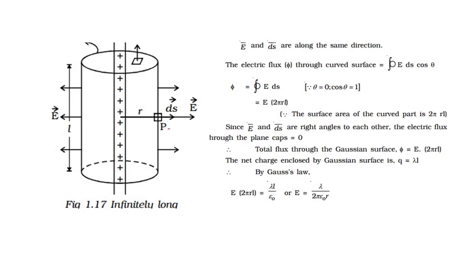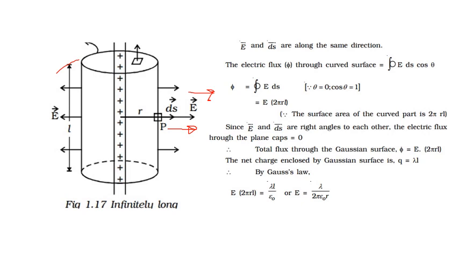In our case, outward direction means this direction. Similarly, E is also in this direction, as we have told you that for a long wire, the field is radially outward. So both are in the same direction.